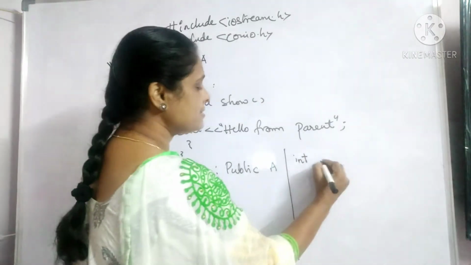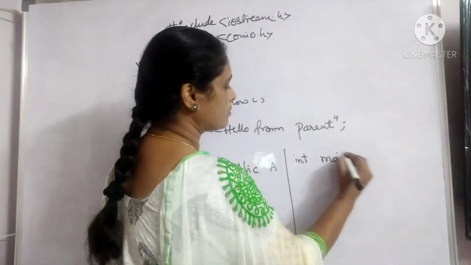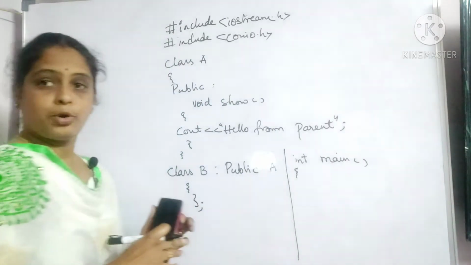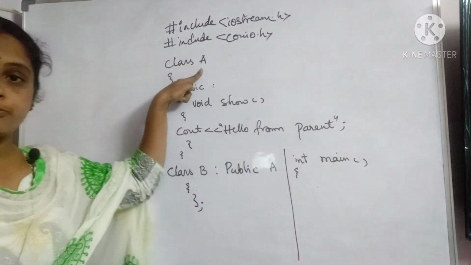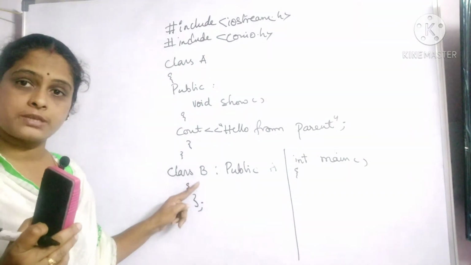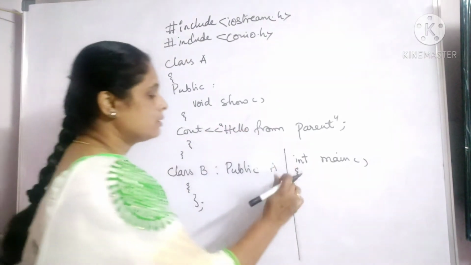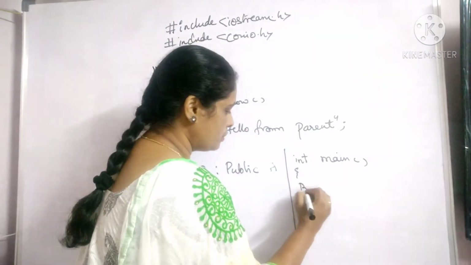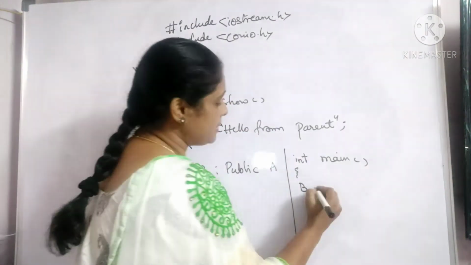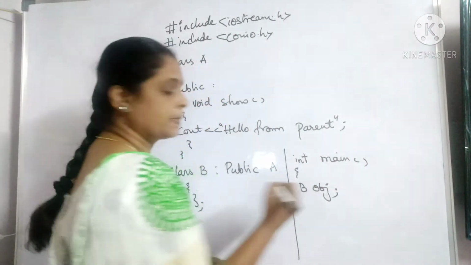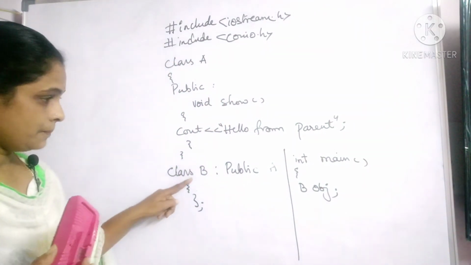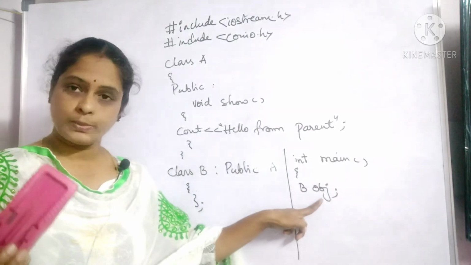inside the main section, I'm not going to create an object for A, but I'm going to create an object for B. So B, let the object name be obj. So the class B has an object obj now.